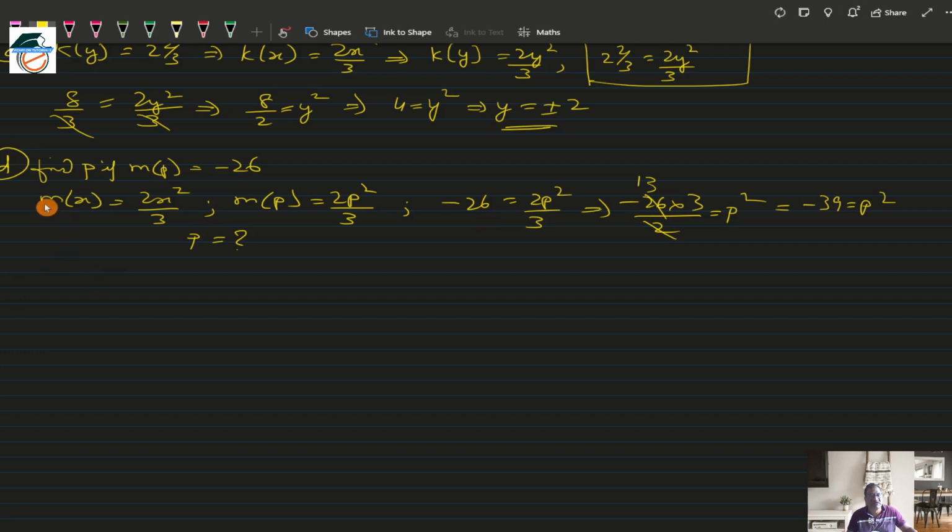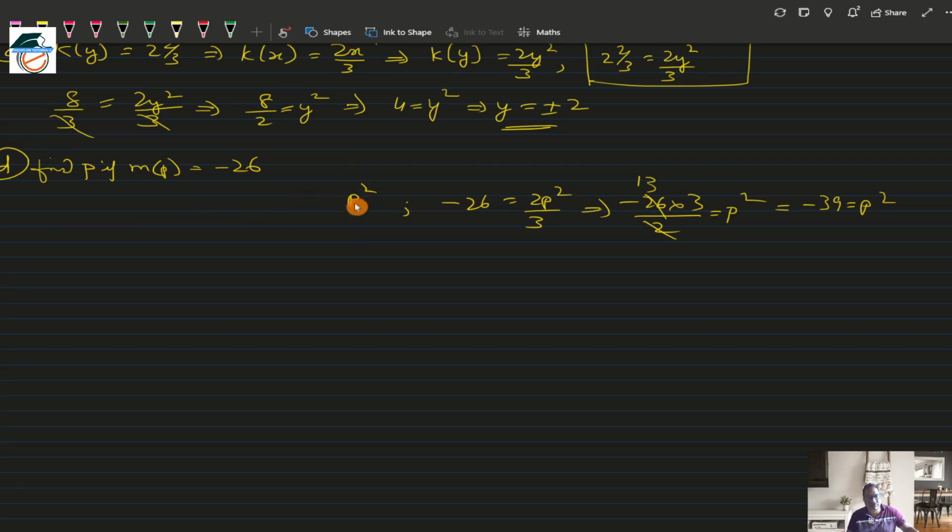Okay, so M of X is 2x square upon 3. Let me check that. M of X. Oh, M of X is not that. No, here we went wrong. So M of X is not 2x square by 3, right? So this is where we made a big mistake.